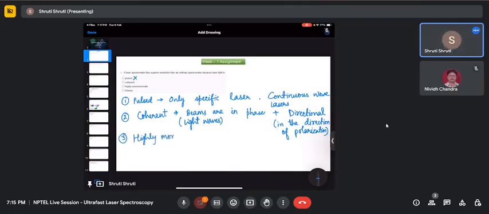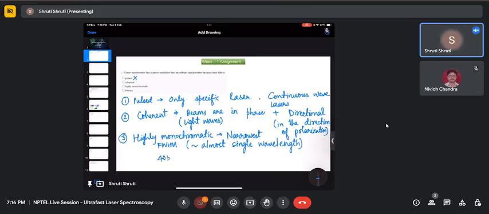That's why it is intense. Also, in the laser there is a term called amplification: light amplification by stimulated emission of radiation. The light travels many times inside the cavity of the laser before coming out. So the intensity is more for lasers compared to ordinary light. This is also a good property regarding the spectrophotometer.